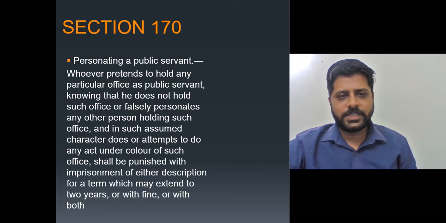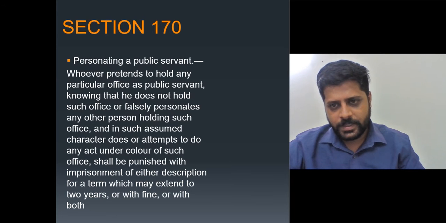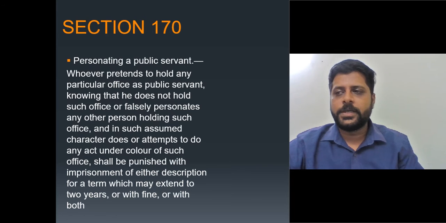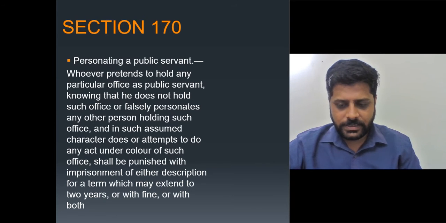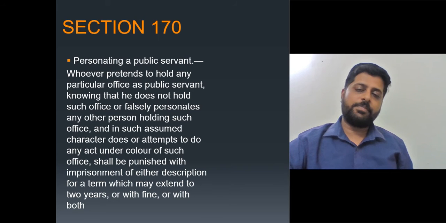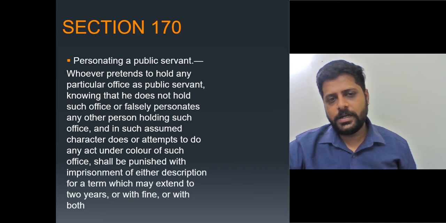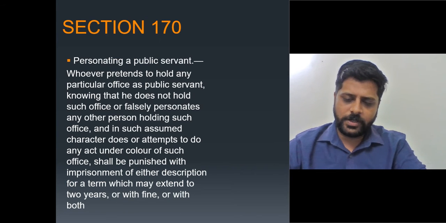Now moving further, section 170. Section 170 talks about personating a public servant. Now, what do you mean by personating? The person himself says that I am a public servant, and by personating that particular post, he falsely takes benefits of that post.